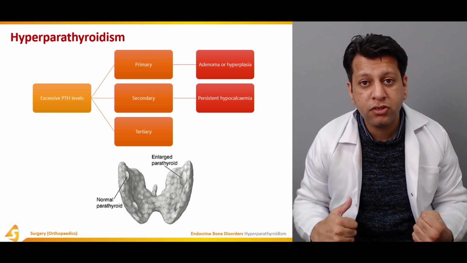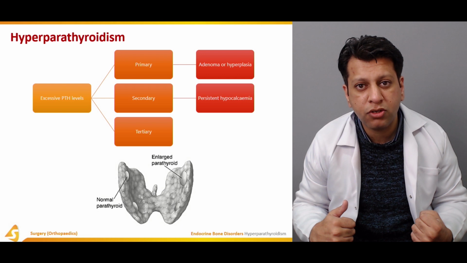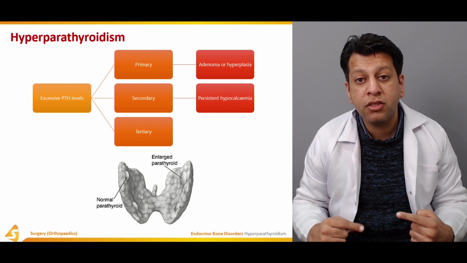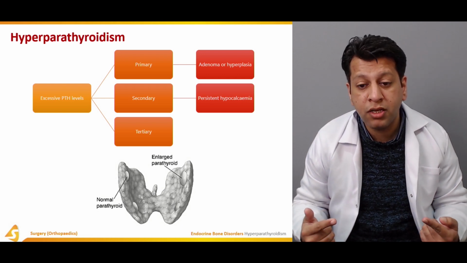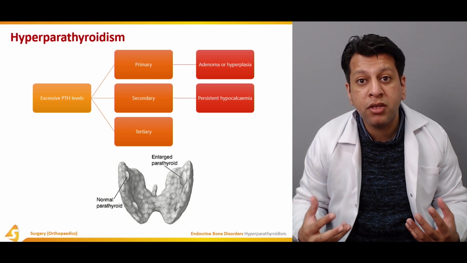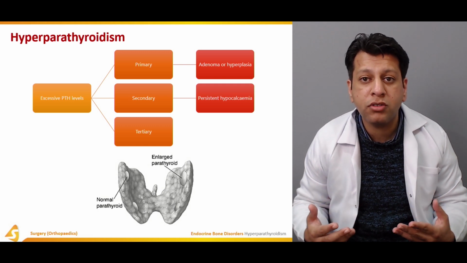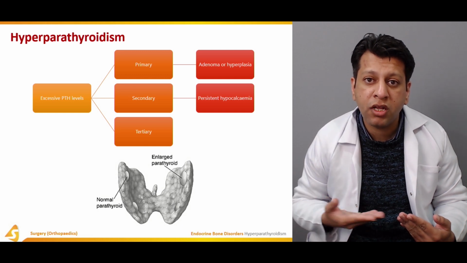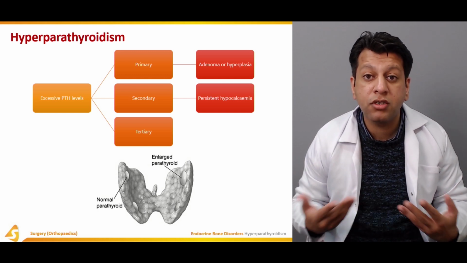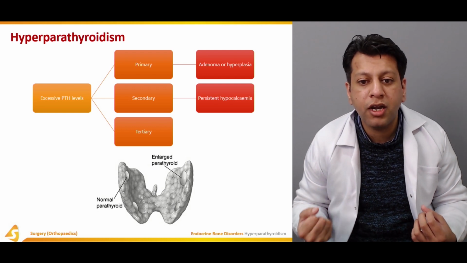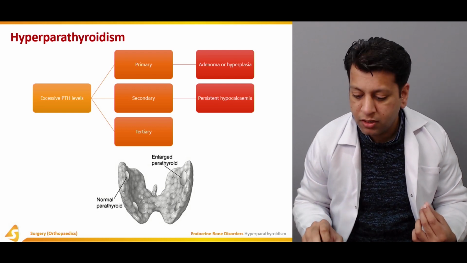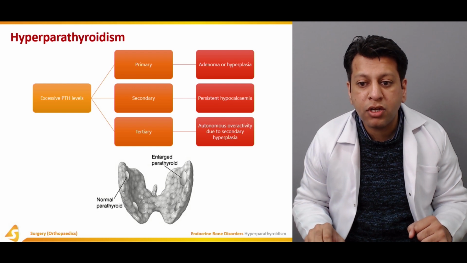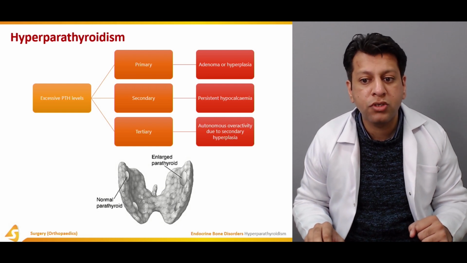But even though the secondary cause, which was causing the parathyroid glands to function abnormally, has been removed, the hyperplasia which has already occurred will cause the parathyroid glands to secrete PTH levels which are above the baseline. This will result in a tertiary kind of hyperparathyroidism. Eventually, it causes autonomous overactivity due to secondary hyperplasia.